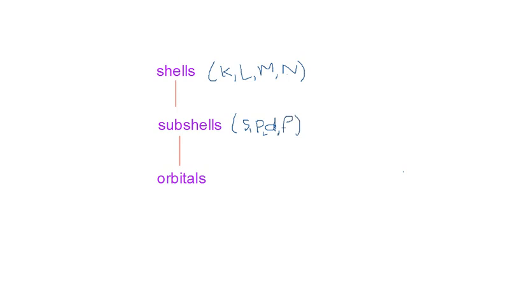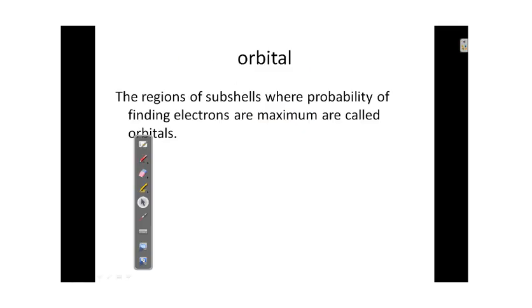Now coming to the orbitals. What is an orbital? This is a region of a subshell where the probability of finding electrons is maximum. Means the region of the subshell where we will find electrons maximum is termed an orbital.